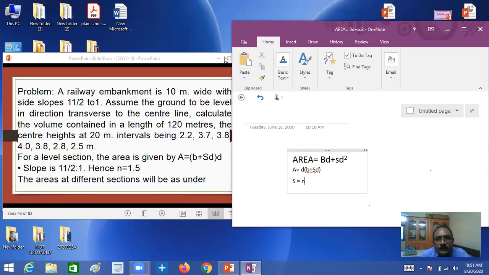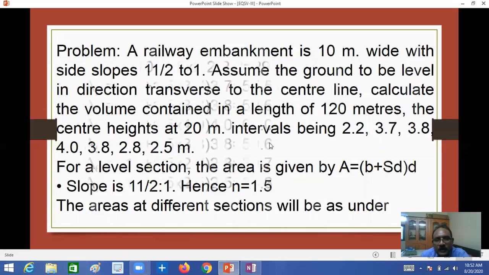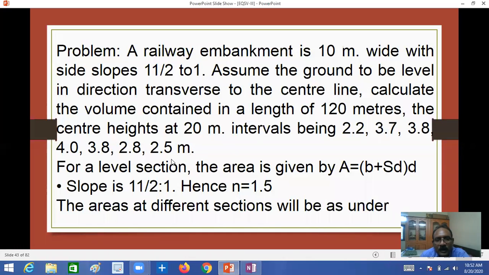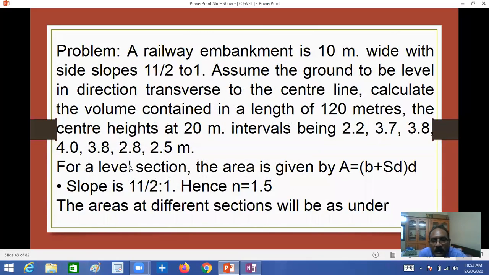Now, in the next slide, we will calculate. Here D1, D2, D3, D4, D5, D6, D7 are given. These are the depths.